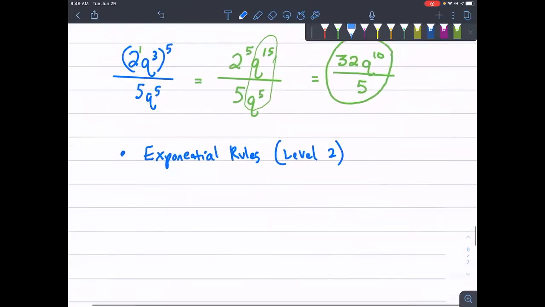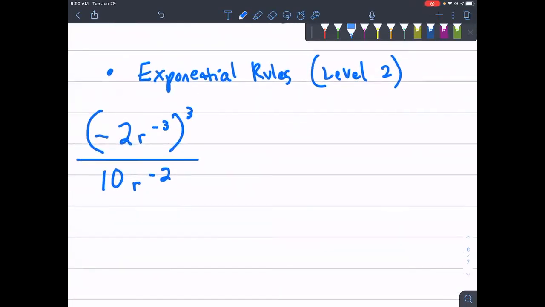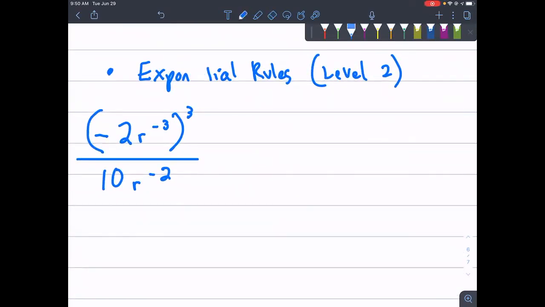Exponential rules level 2. Negative 2r to the negative 3, all in parentheses to the 3rd power, all over 10r to the negative 2.